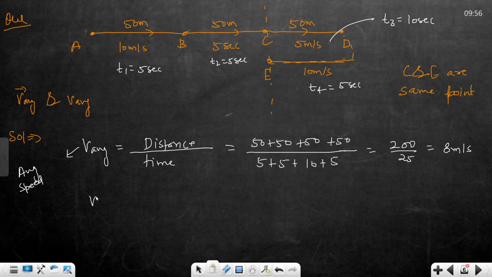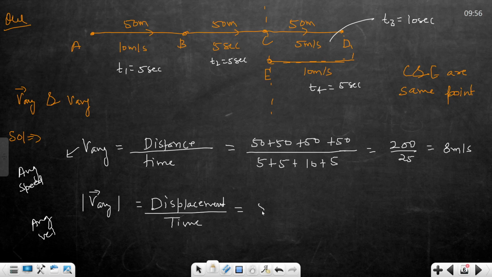And what about average velocity? Average velocity is equal to displacement by time taken. So displacement will be 50 plus 50 plus 50, then minus 50, then minus 50.